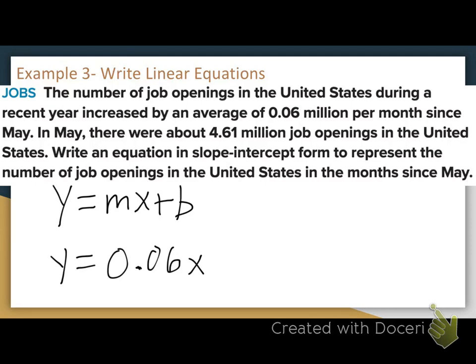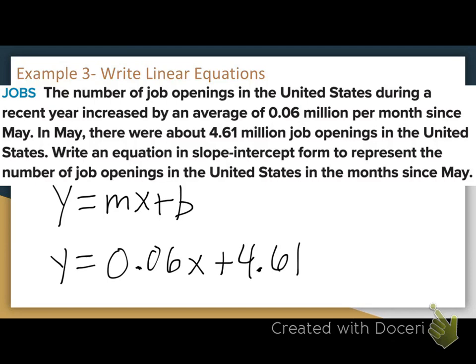What would our y-intercept be? 4.61. How do we know that that is our y-intercept? Is the job opening? It is the job opening. Think about x though. What is x representing? Months.